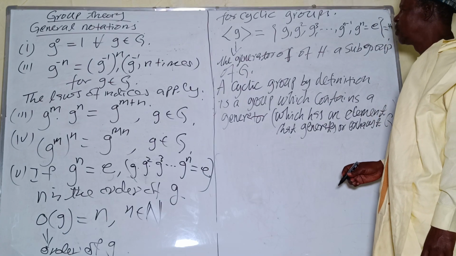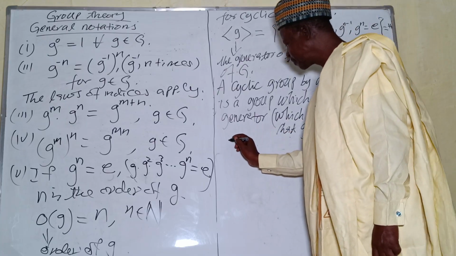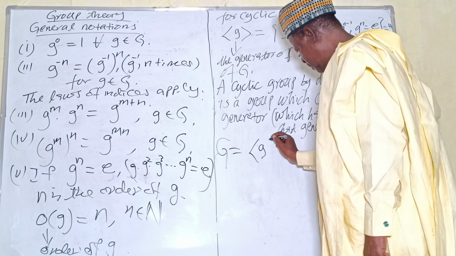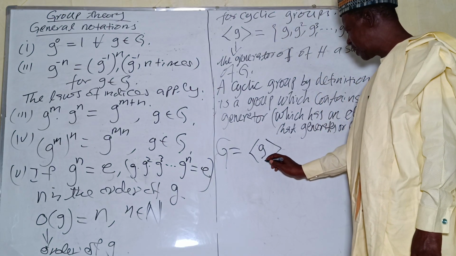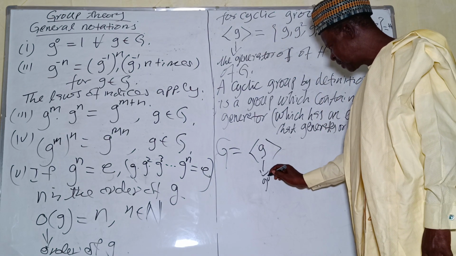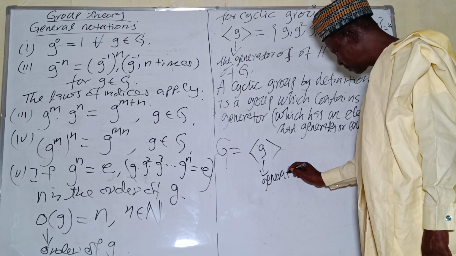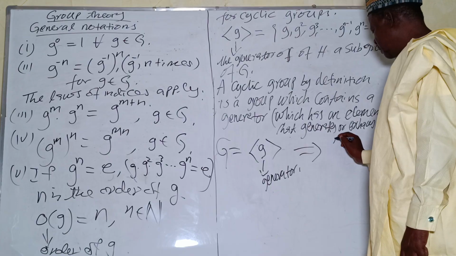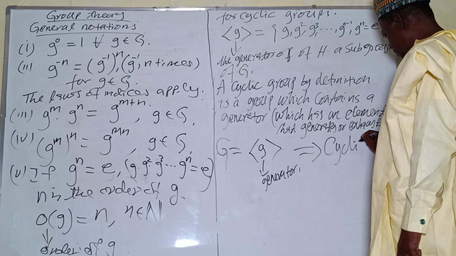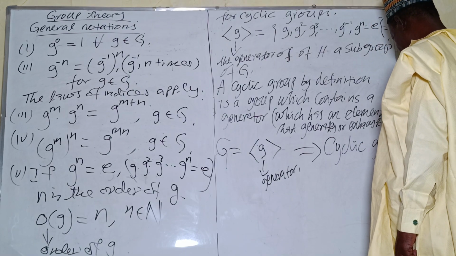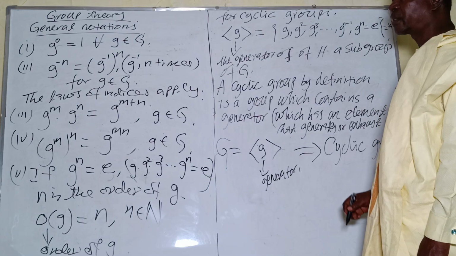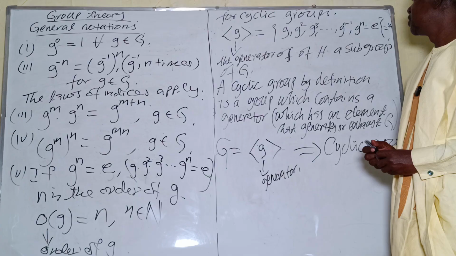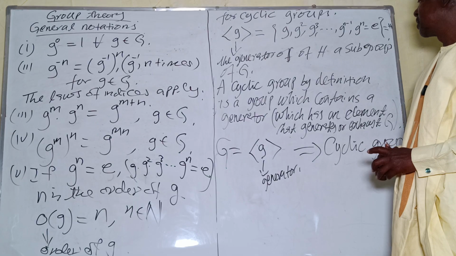Okay, so once a group G can be written such that it can be generated by a single element, which is called the generator, then G is called a cyclic group. Okay, so I will come to you in the next presentation where we shall see the uniqueness of the elements of a cyclic group.